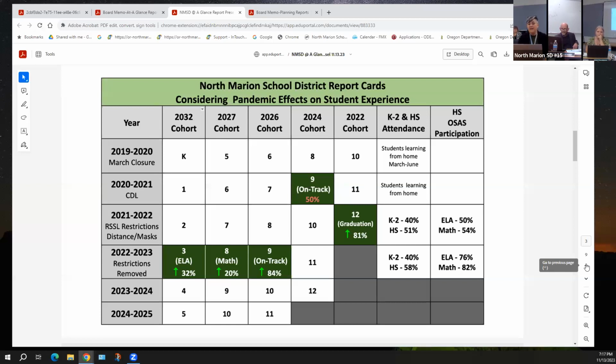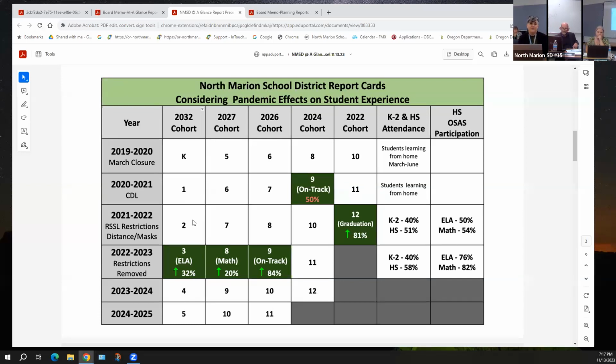So if we start thinking through our different cohorts of students, for example, that first column is our students who were kindergartners the year that we closed early. And then starting to trace through what their experiences were. So their first grade year was during CDL.